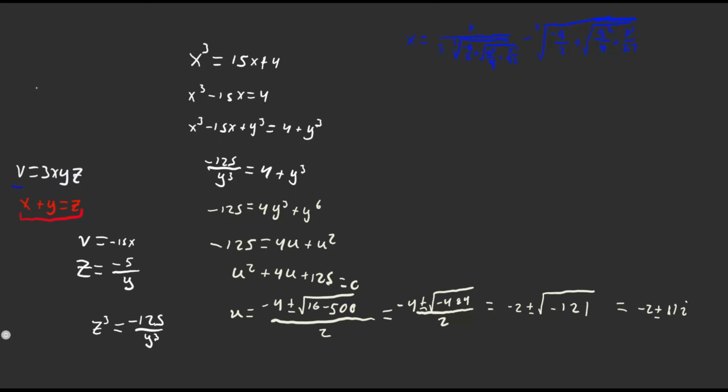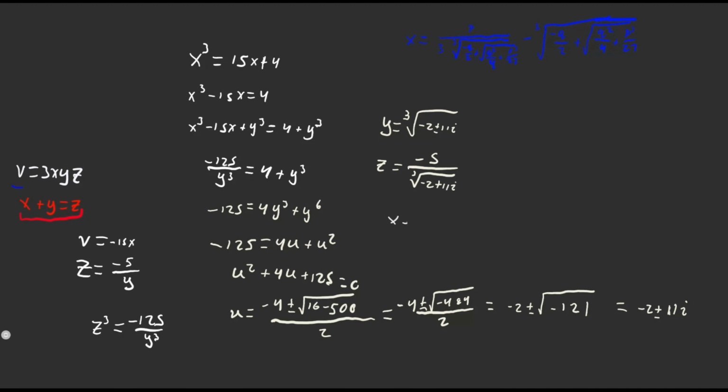So what we have to do now is replace y. So we have u with y cubed, so we have y is equal to the cube root of negative 2 plus or minus 11i. And we basically now replace that with y for z, where we get z is equal to negative 5 divided by the cube root of negative 2 plus 11i.